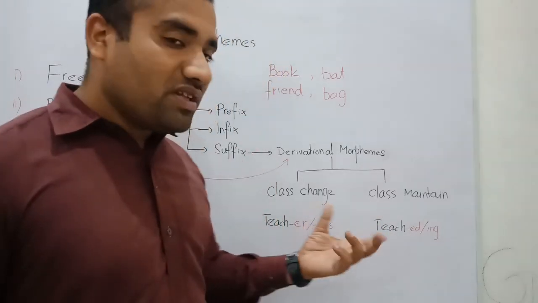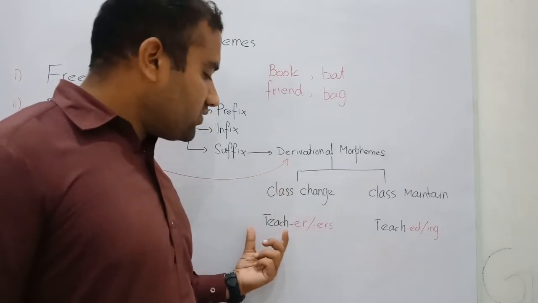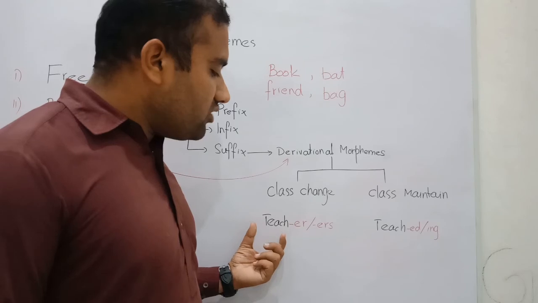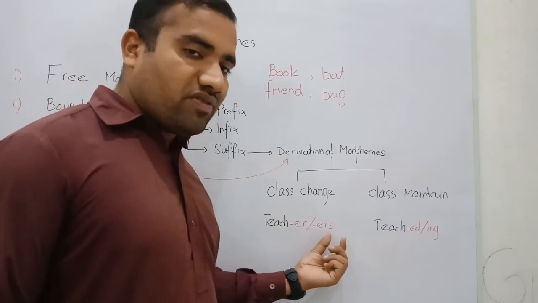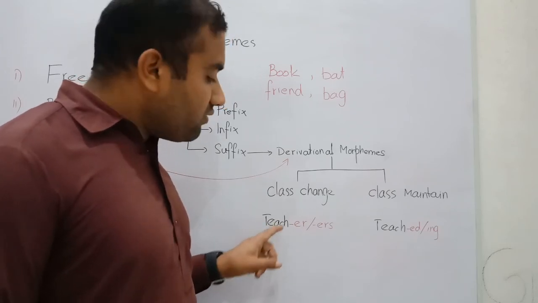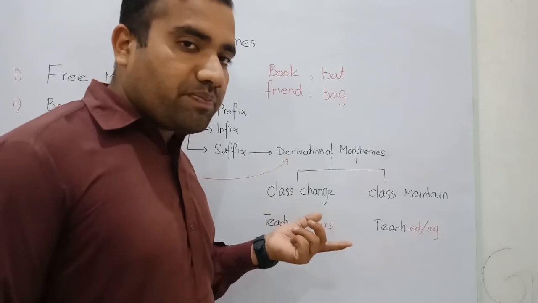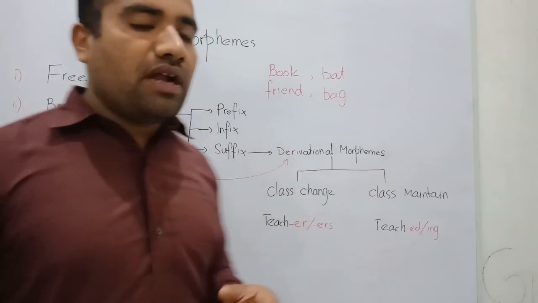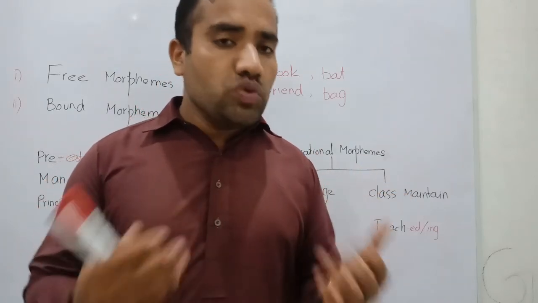And see, what is next? Next, the class changing morpheme. This is the word, and this is the root word. And when we insert the er morpheme and the ers morpheme, this is the verb. But when we insert the morpheme, the class of this word will be changed. So this is the derivational morpheme, and in the derivational morpheme we can generate a new class of word.